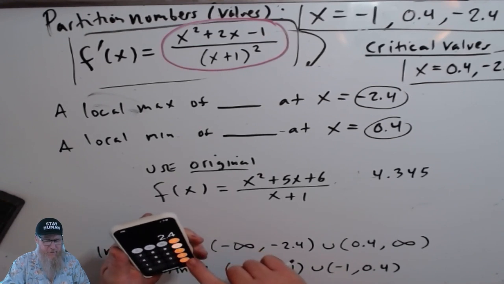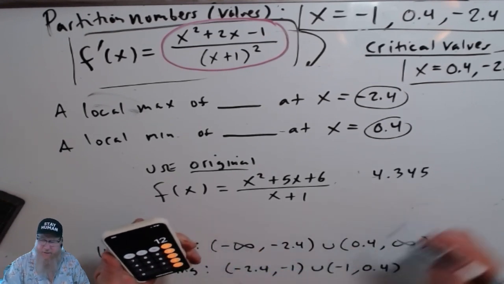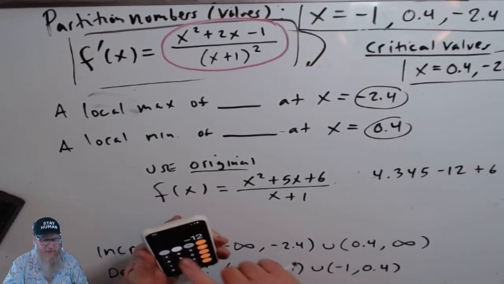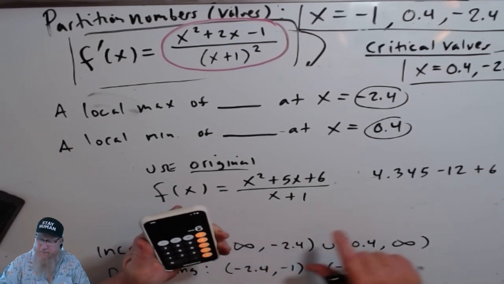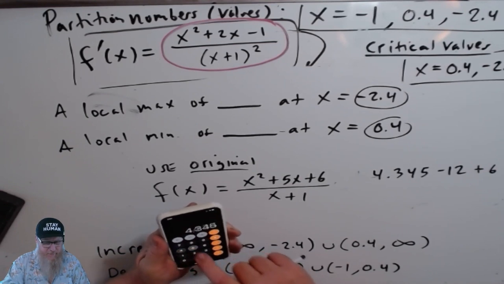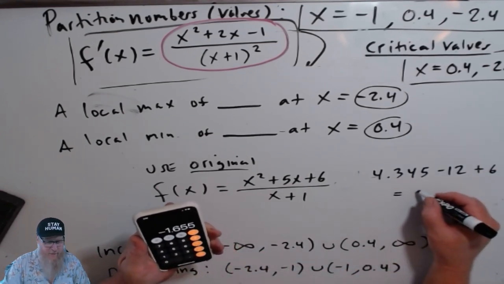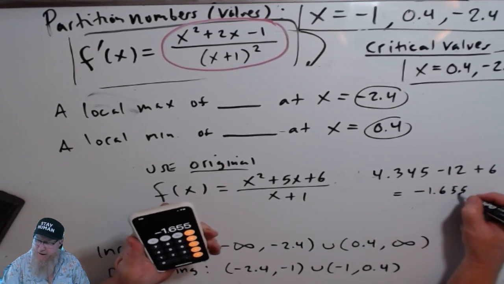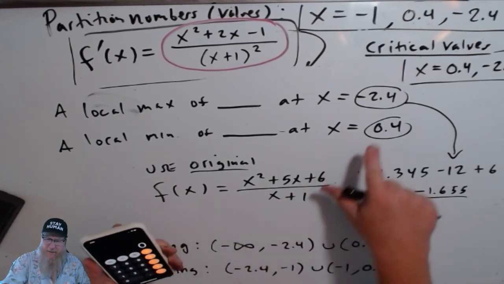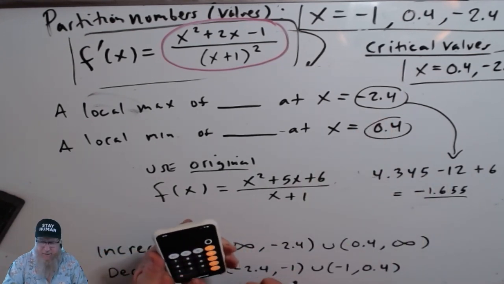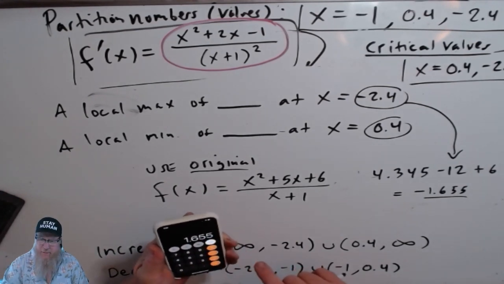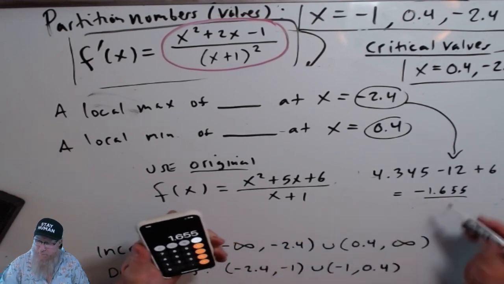Negative 2.4 times 5, that's negative 12, plus 6, plus 4.345, negative 1.655, divided by negative 2.4 plus 1, which is negative 1.4.